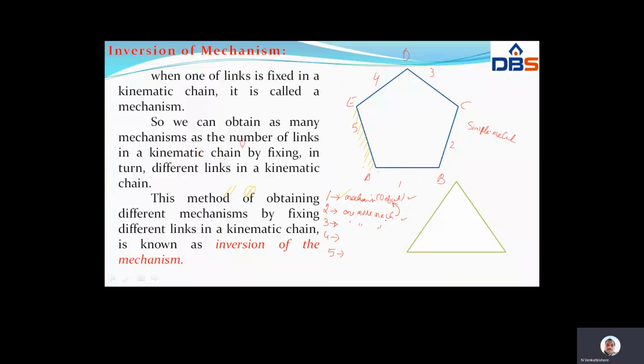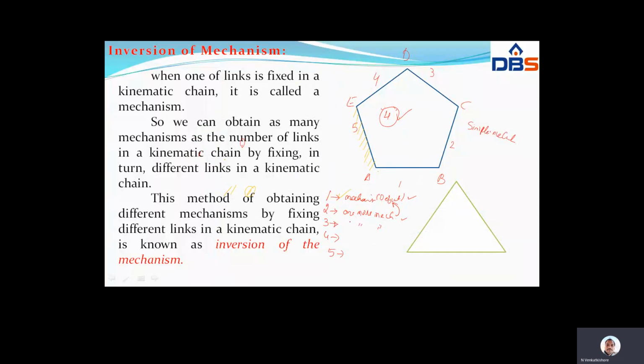So in this case, for this mechanism, the inversions of mechanism are 4. That means from the default mechanism, we are achieving 4 different mechanisms by fixing different links in a kinematic chain. That is called inversion of mechanism.